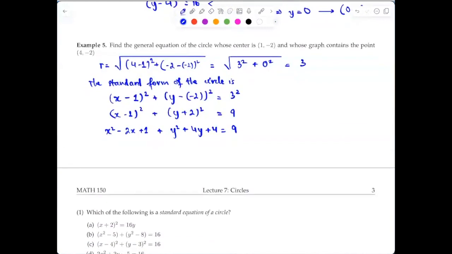Well, you can write the equation as x squared plus y squared minus 2x plus 4y plus 1 plus 4 minus 9 equal to 0.